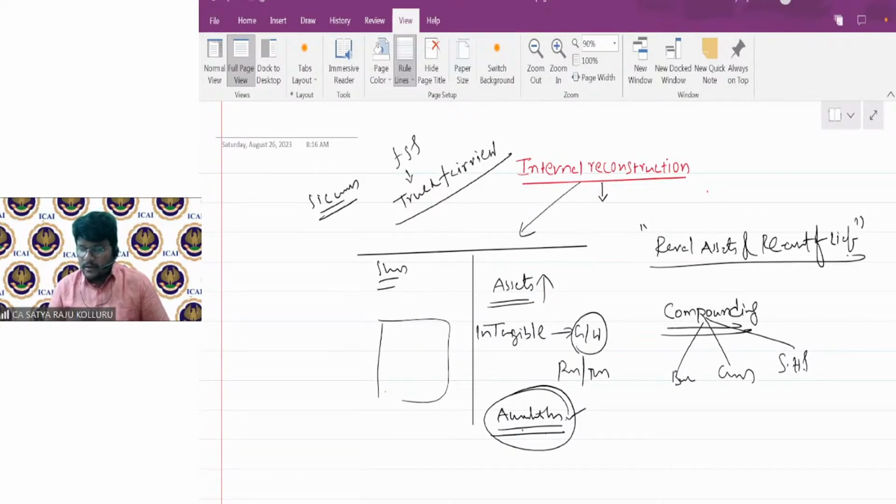Negotiation means, our company is a sick company. If we are not allowing our creditors, the situation will lead to liquidation of the company. At the time of liquidation, the liquidator is going to sell all the assets. With the realizations, he will settle in a particular order. Then all the liability holders may not get their payments up to their book value.